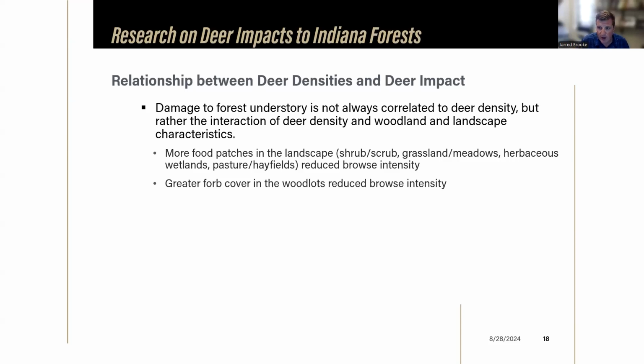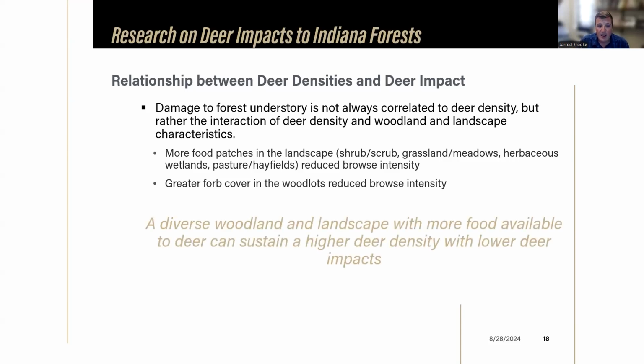And in woodlots where we had a greater diversity of forbs and greater forb cover, we also had reduced browse impact. So that tells me that a diverse woodland and landscape with more food available to deer can sustain a higher deer density with lower deer impacts.